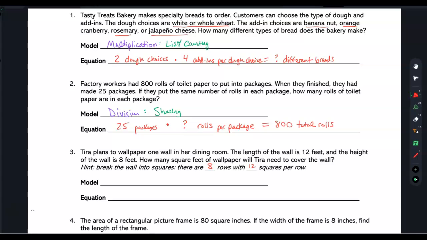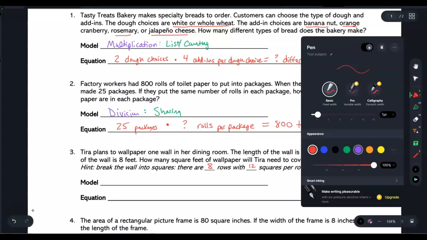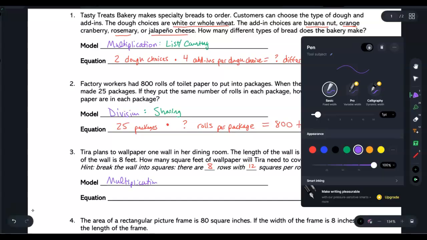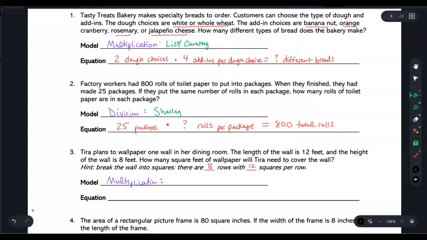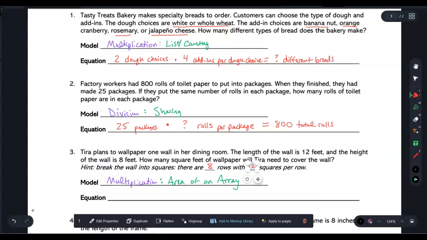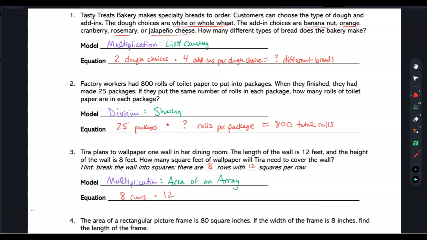Since I know both of those numbers, this is going to be multiplication. I'm talking about arranging into rows, so this is area of an array. So then let me go ahead and do my setup here. This is going to be 8 rows times 12 squares per row.